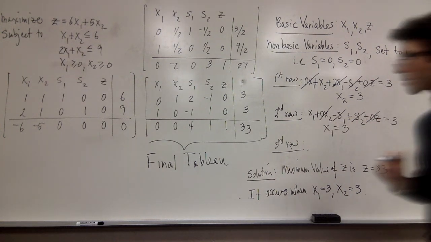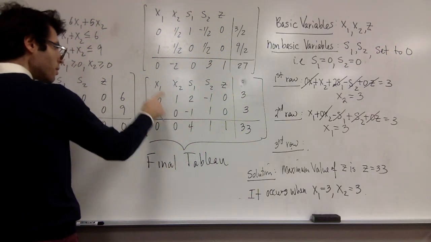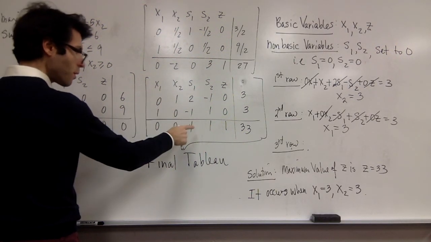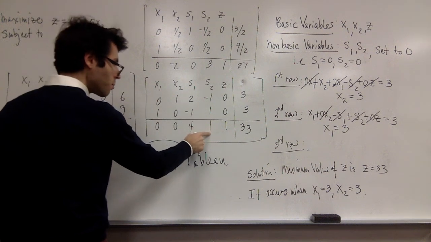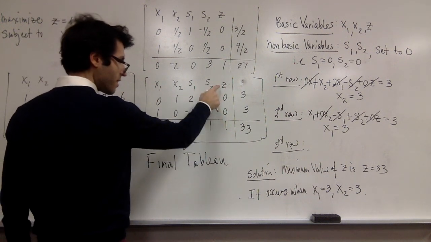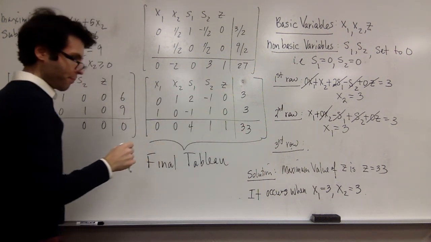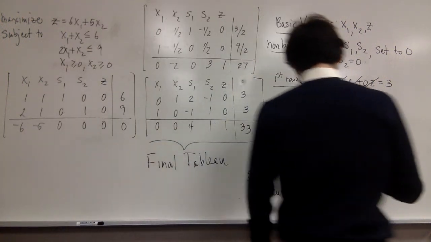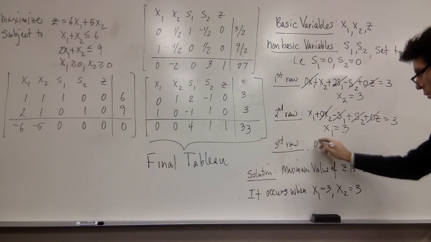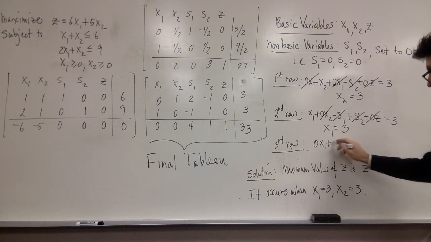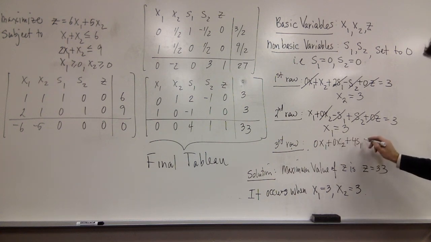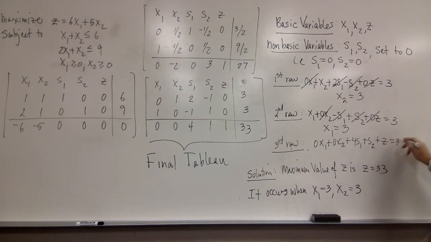And finally, the last row says 0x1 plus 0x2 plus 4s1 plus s2 plus z is equal to 33.